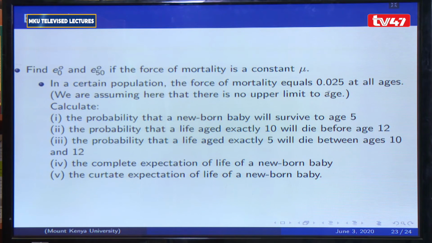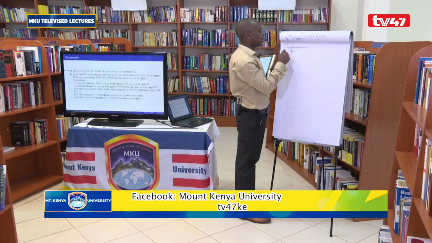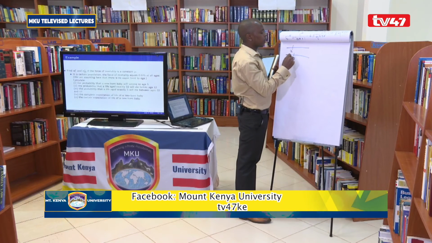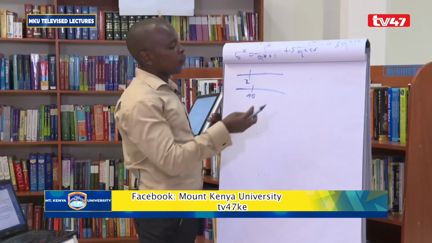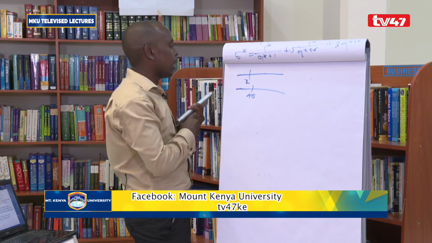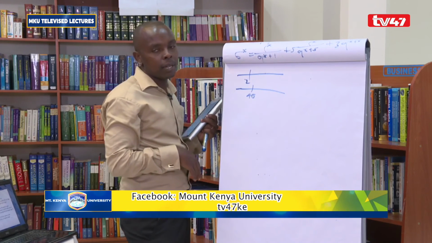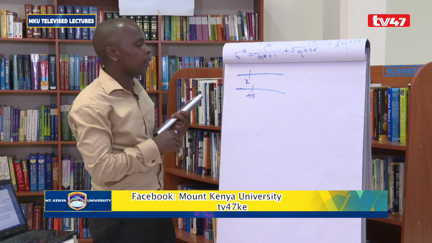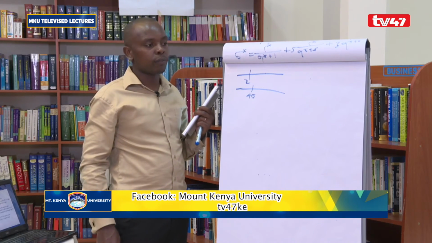That means that the probability of death is not affected by age over a given period of time. So if we are observing a life aged 2 and another one aged 45, hypothetically what we mean is that the chance of death on either of them will be the same. So that is what we mean by constant force of mortality.